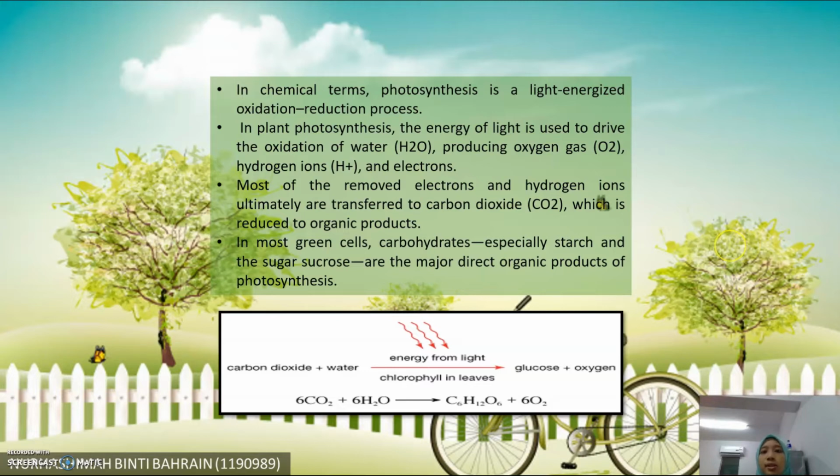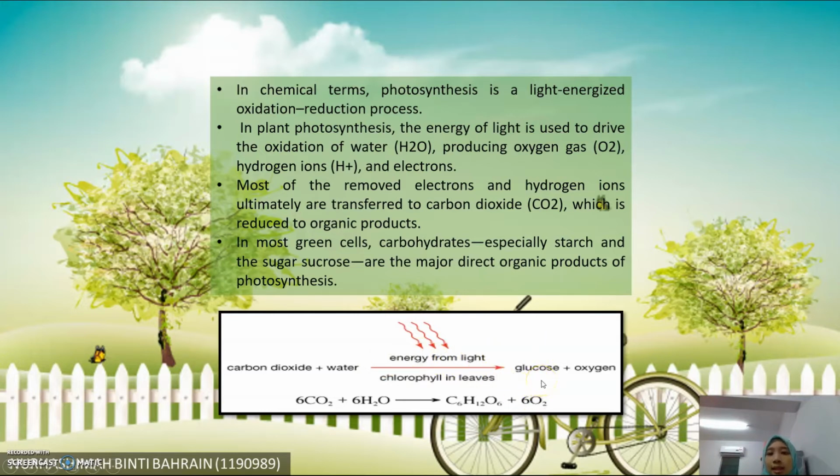In plant photosynthesis, the energy of light is used to drive the oxidation of water, producing oxygen gas and hydrogen ions and electrons. Most of the removed electrons and hydrogen ions will ultimately be transferred to carbon dioxide, which is reduced to organic products.